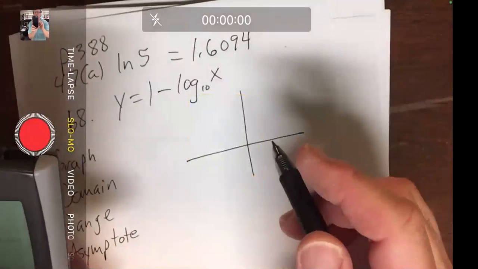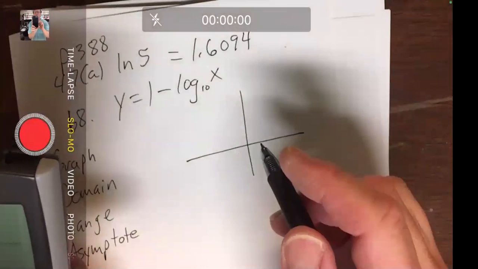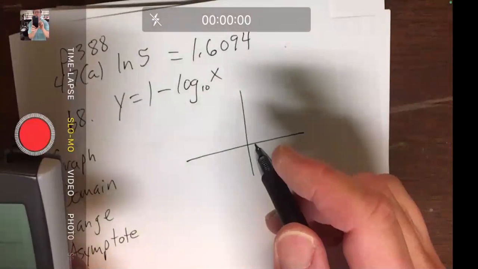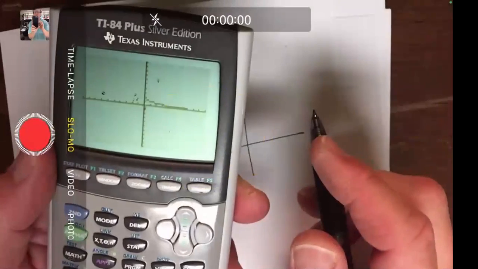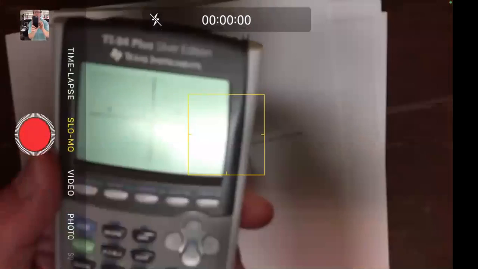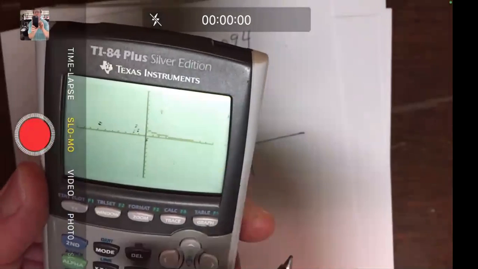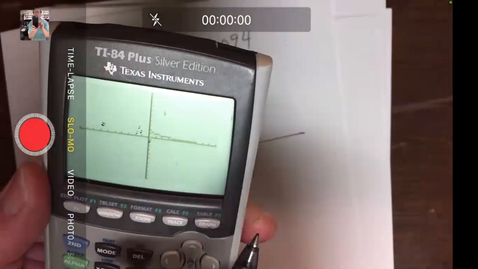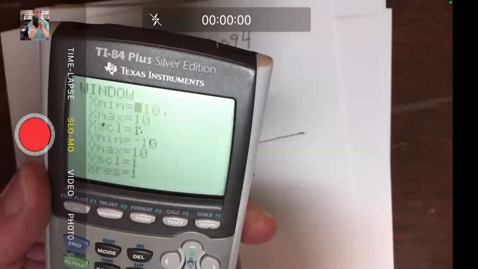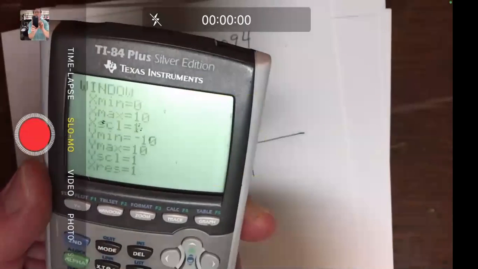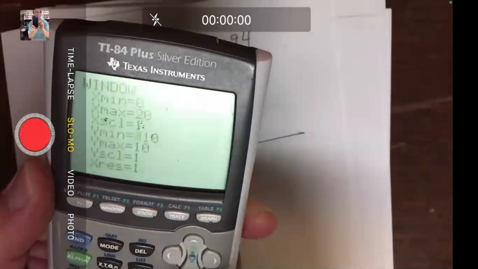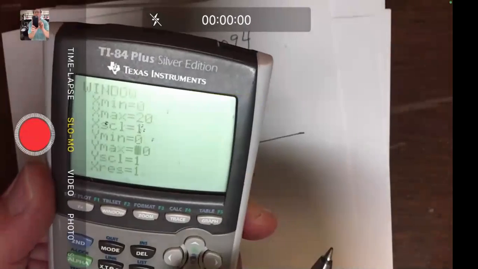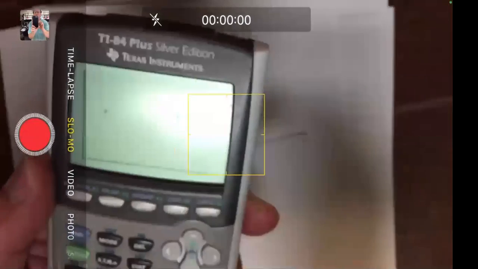Let's see. I don't know if I can show it any clearer if we take out more x max and more y max. Shorten up. Let's go 0 out to 20 and 0 up to 20 and see if it shows any clearer.